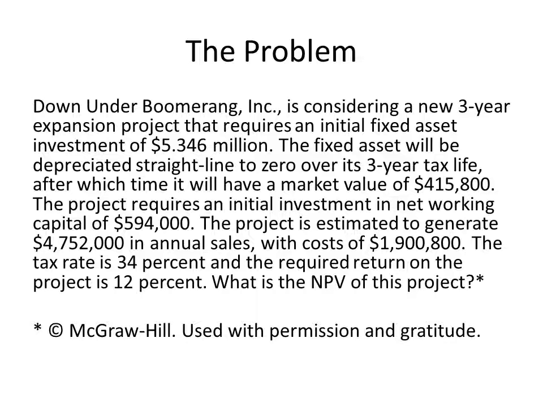The project requires an initial investment in net working capital of $594,000. The project is estimated to generate $4,752,000 in annual sales, with costs of $1,900,800. The tax rate is 34%, and the required rate of return on the project is 12%. What is the NPV of this project?